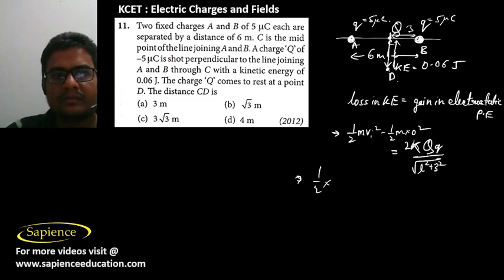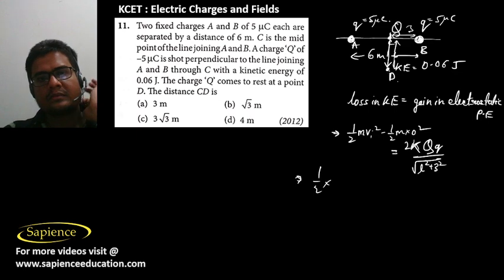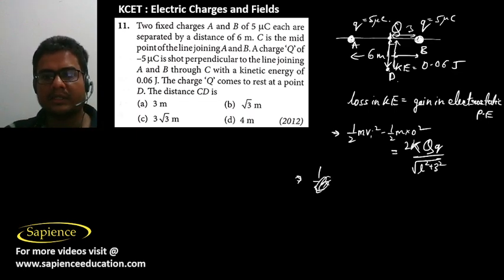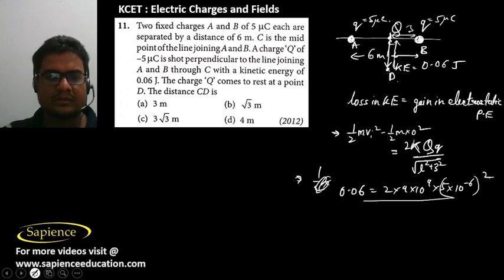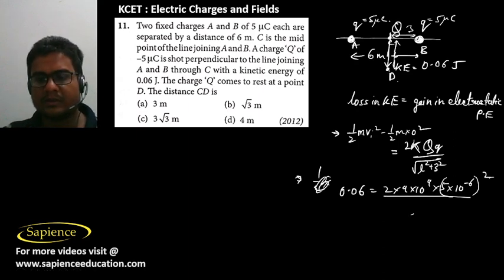Half mv square, which is the actual kinetic energy in joule, that is equal to 2 into K, which is 9 into 10 power 9, Q into Q, both are 5 into 10 power minus 6 whole square, 5 micro, divided by square root of L square plus 9.